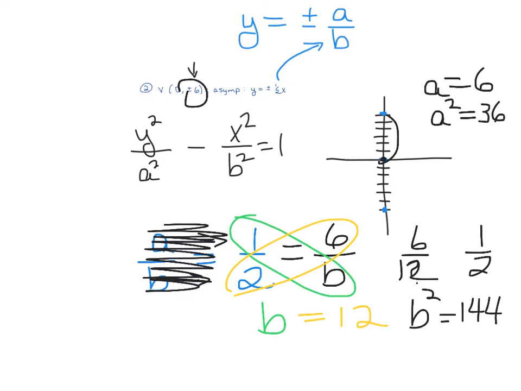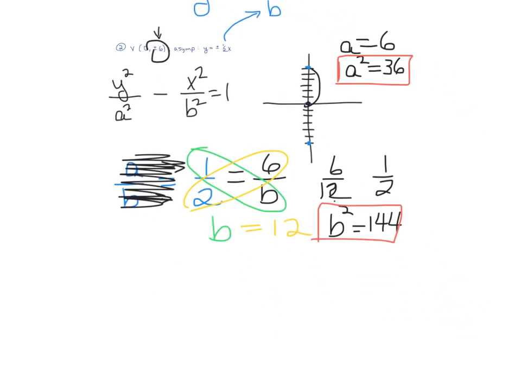So again, I needed to find the value of a squared and b squared in order to write my equation. Good? Yes? So a squared isn't always bigger than b squared? No, not always. That's for the ellipses. Okay, here a squared is just first. So a squared could be smaller. Yes.